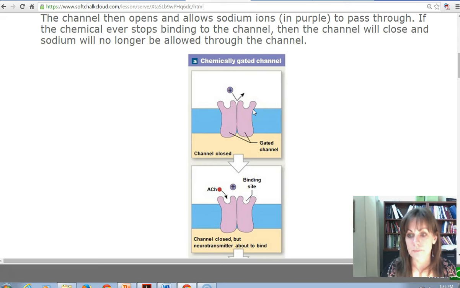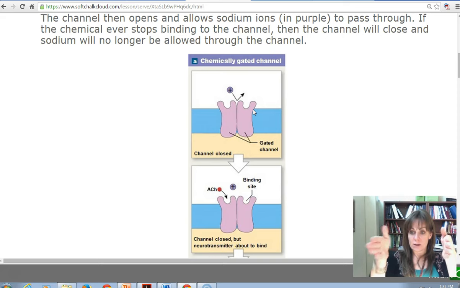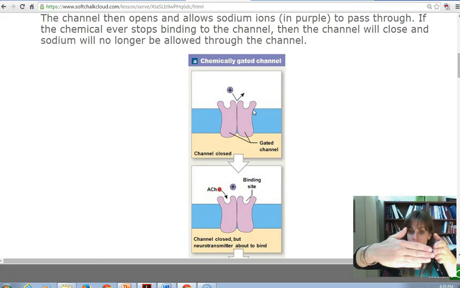Now these channels have gates. You should think of a fence. Normally there would be a place to go through the fence. There's an opening, but it has a gate. That gate can be open and things can go through it, or it can be closed and things will not go through it.